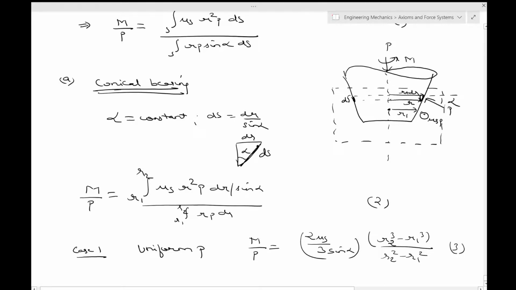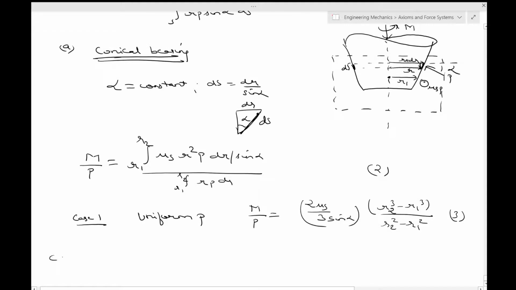This is equation 3. And similarly case 2, where P is equal to C by R. I will tell what it is immediately, but what you do is just substitute P equal to C by R over here and over here and over here.